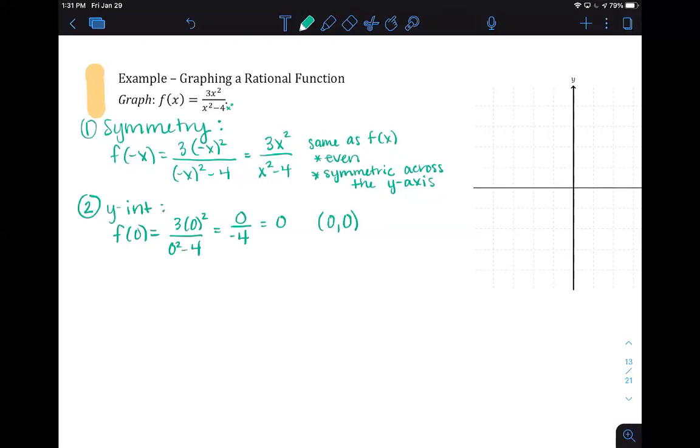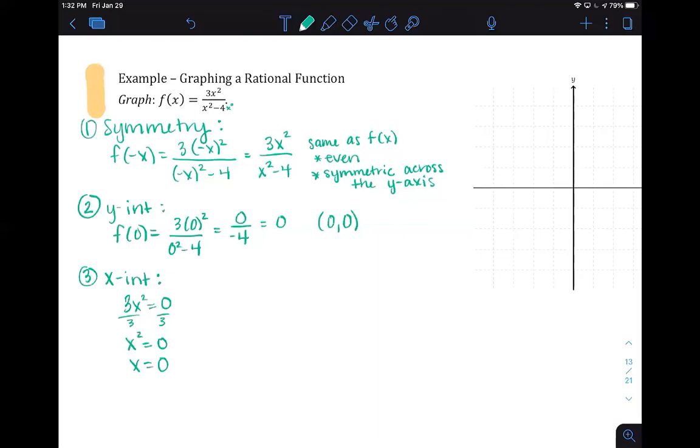Okay. Third, let's find our x-intercept. That's when we set our numerator equal to 0. So 3x squared equals 0. Well, how would we solve for x? Divide by 3. So x squared equals 0, which means x equals 0.